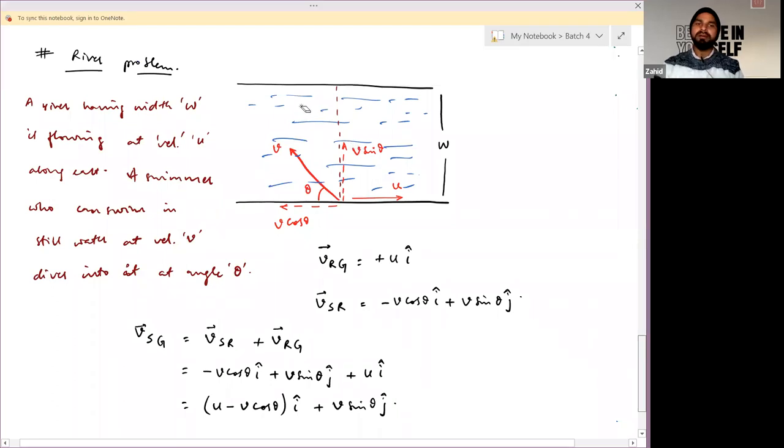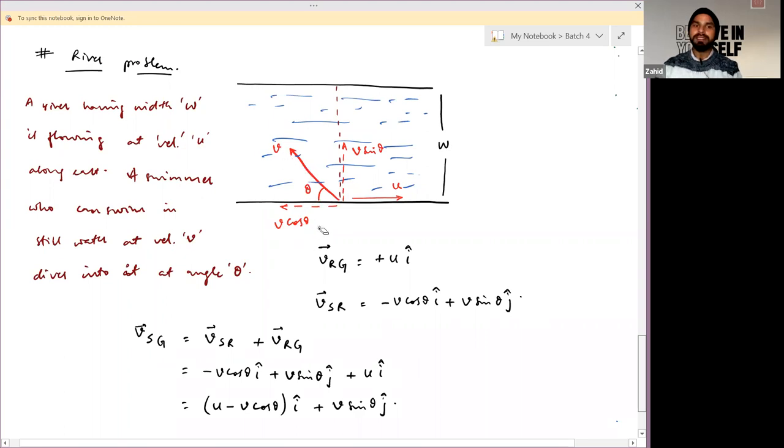In this part, we have a river having width W, which is flowing at some initial velocity U along east, in which a swimmer whose velocity in still water is V dives into it at some angle theta, due to which it will have two components.